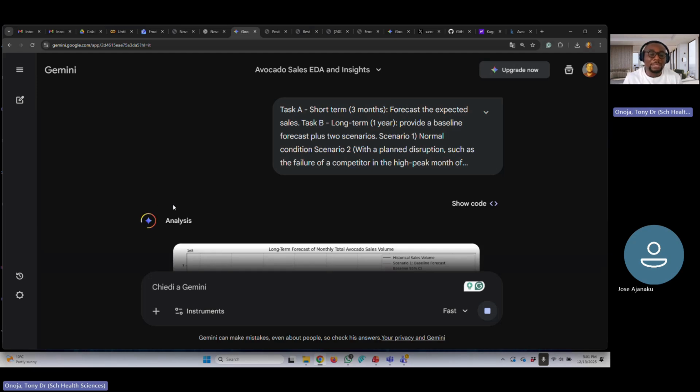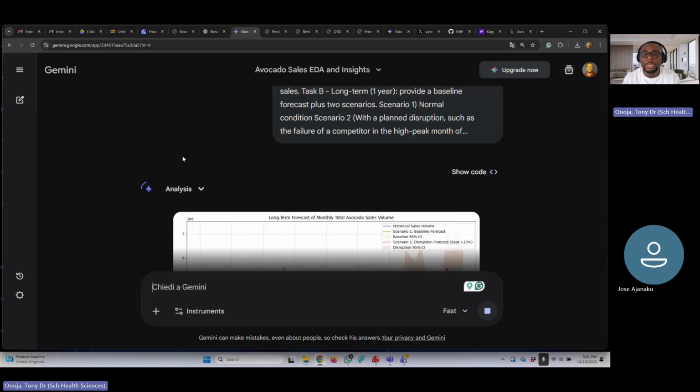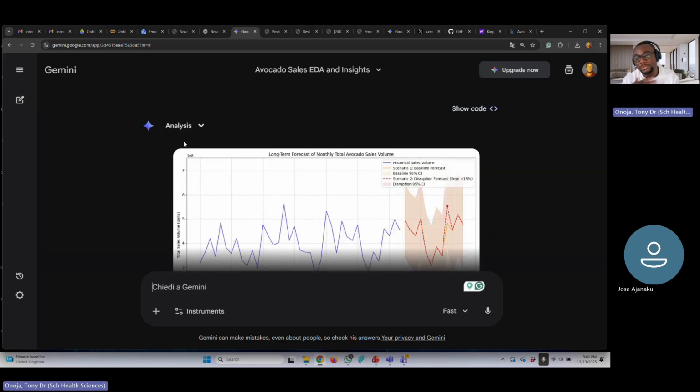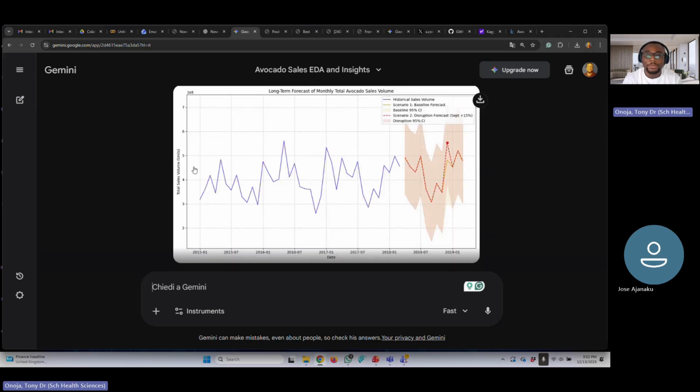So I would rather get the scripts, look at them, and improve upon them, rather than have the LLM do everything for me. But there is someone out there who doesn't know how to code, or maybe is lazy to code.